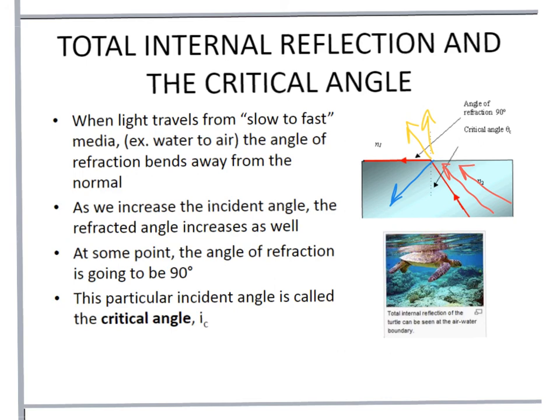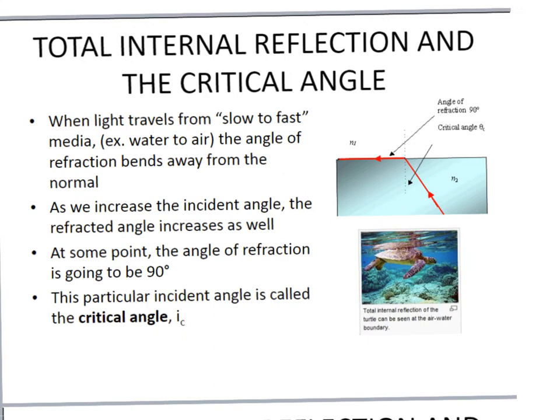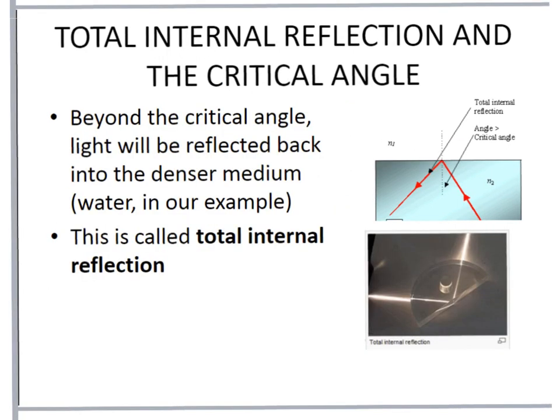And this occurs at the critical angle. Well, actually it occurs beyond the critical angle. At the critical angle, the angle of refraction is going to be 90 degrees, which is shown here. So basically it runs parallel along that boundary line. So here is a little image of total internal reflection occurring.